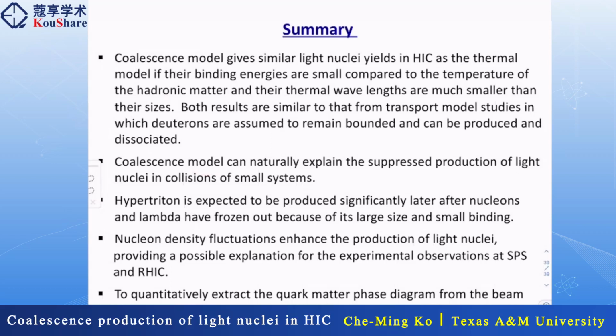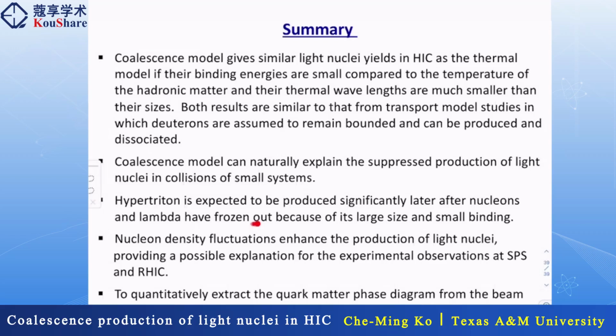This, I think, is a nice part. Coalescence can naturally explain the suppressed production of light nuclei in collisions of small systems, because that model automatically takes into account the finite size of the light nucleus compared to the size of the fireball. Hypertriton is expected to be produced significantly later, after the nucleons and lambdas have frozen out, because of its larger size and small binding, right?